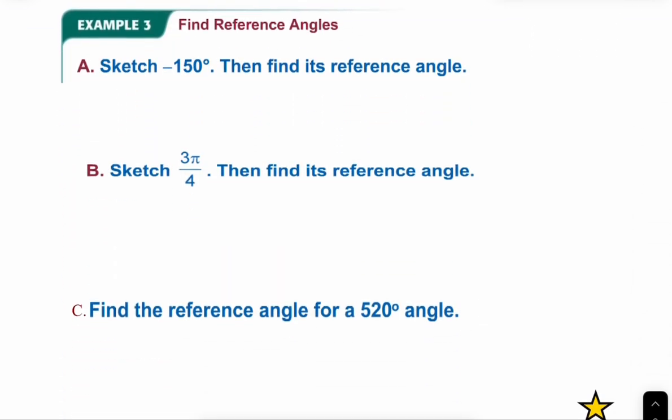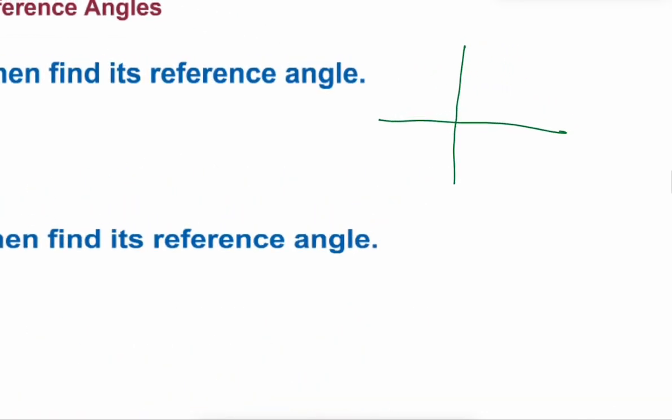So let's talk about just sketching some things that look a little funky. You learned in 7.2, I believe it was, that positive directional change goes this way, negative goes clockwise. Okay. So let's draw.